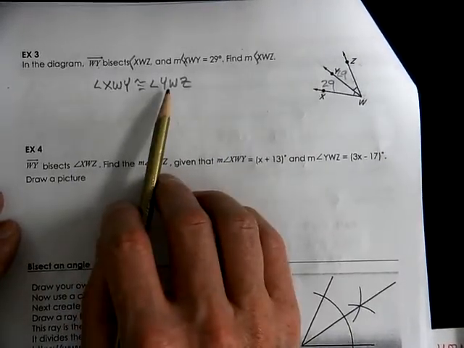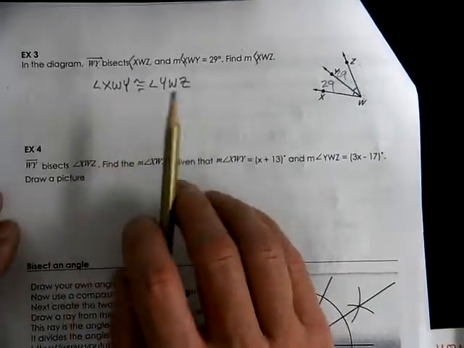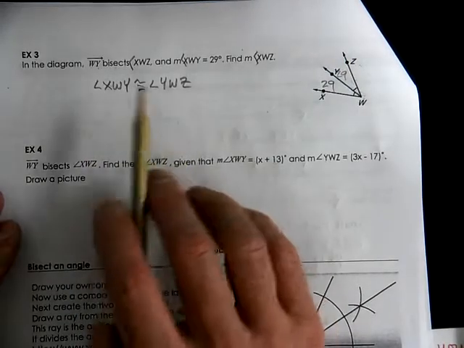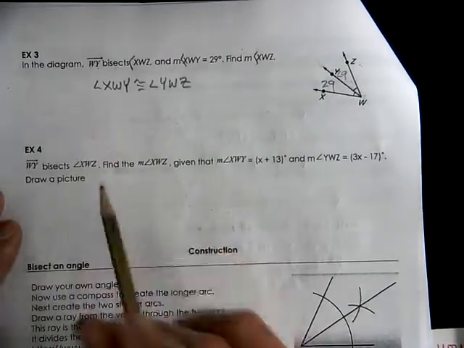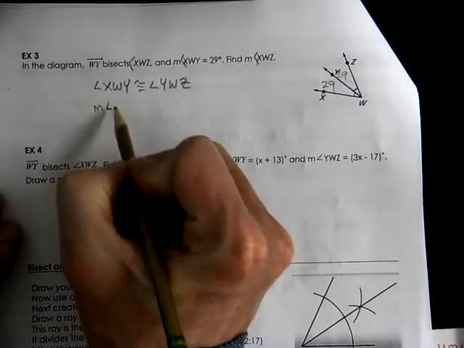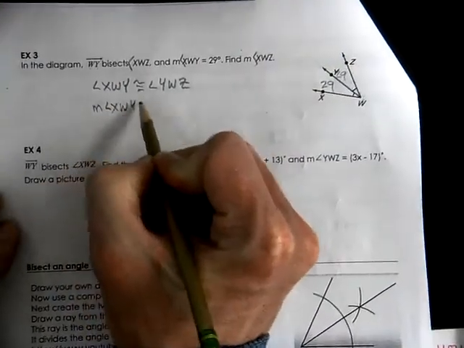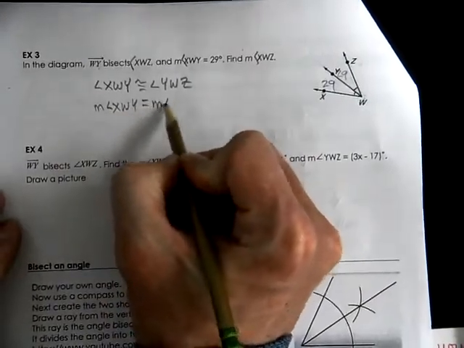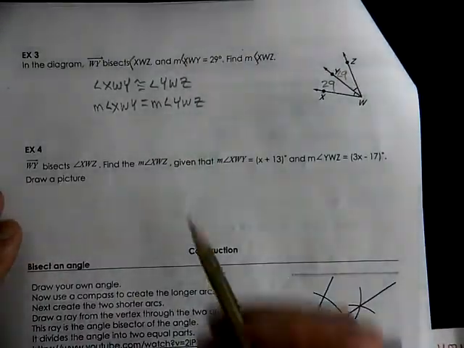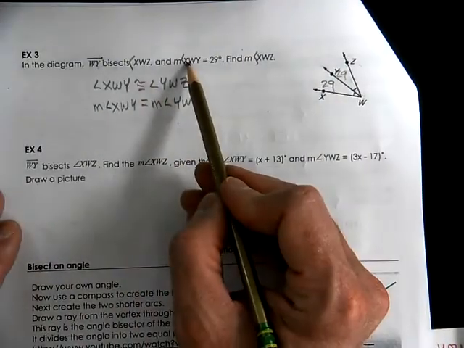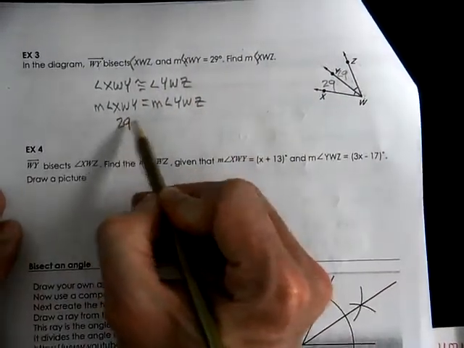Notice how this is not small part plus small part equals big part. When you have bisector, you have two congruent angles. So we know that the measurement of angle XWY has to equal the measurement of angle YWZ. So now we can substitute in that XWY is 29.